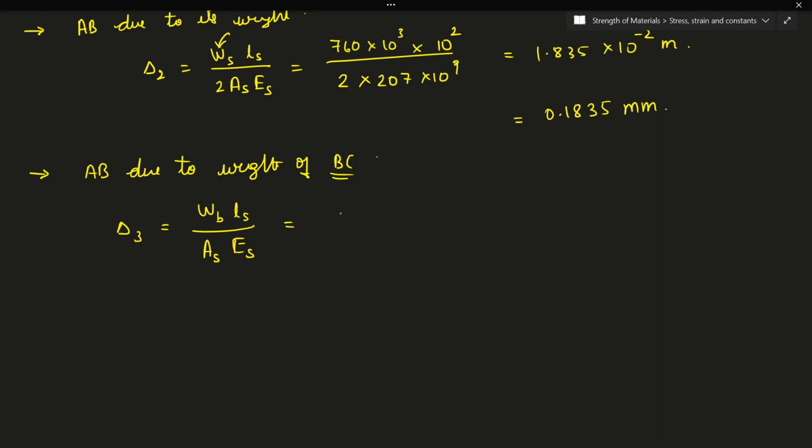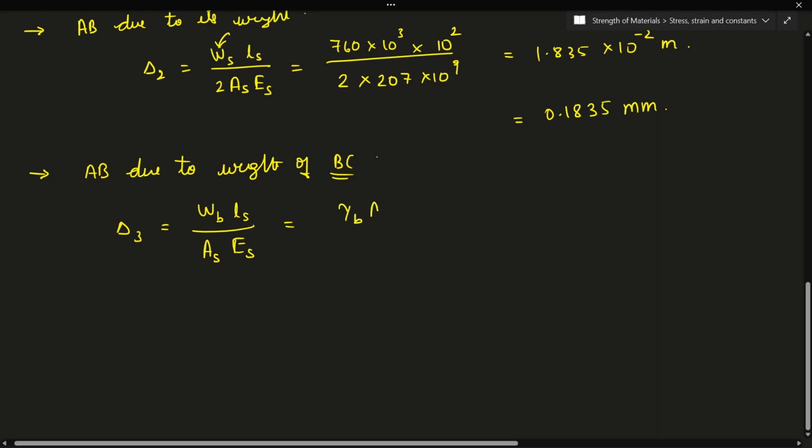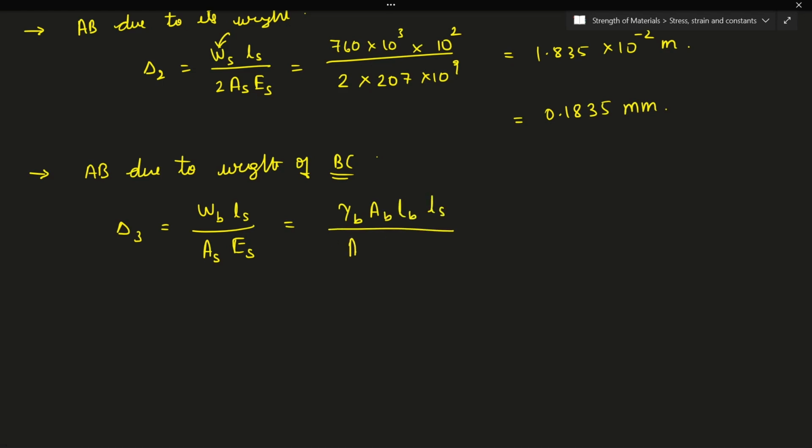So here WB will be equal to, let me substitute the values here, gamma B into AB into LB into LS divided by AS into ES, right?